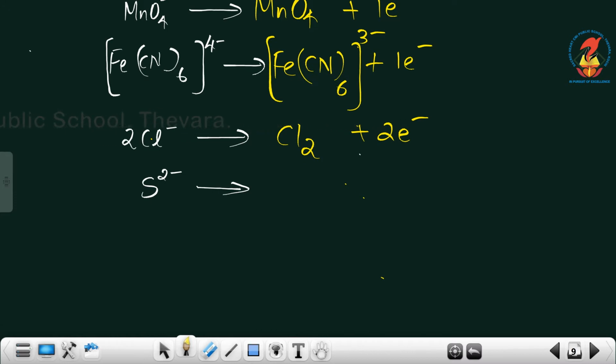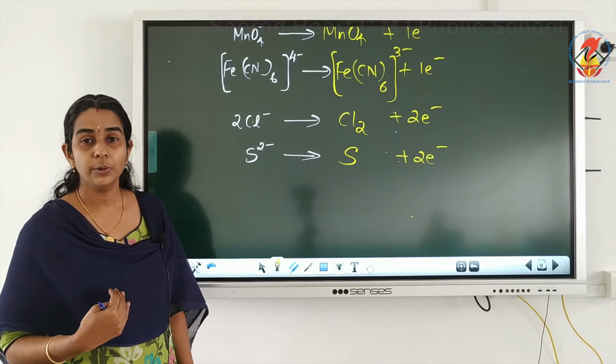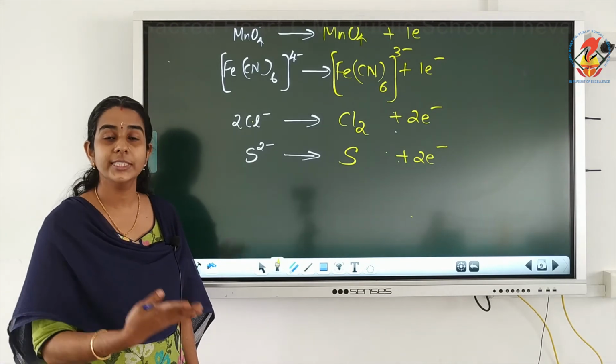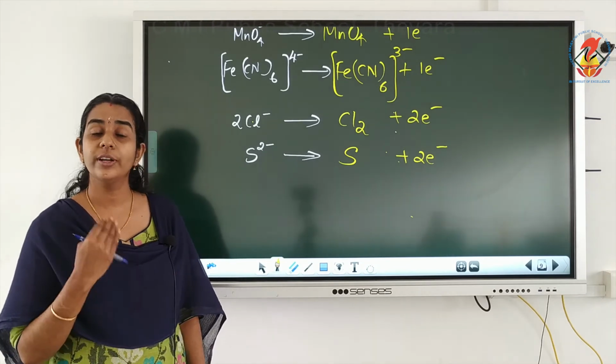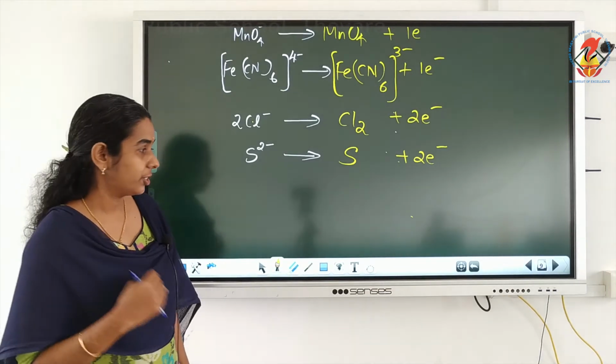Chlorine is a diatomic molecule. In the next example, S2- means sulfur with 2 extra negative charges. On losing those 2 extra negative charges, it will become sulfur. So, all these are examples of oxidation by losing electron, representing an increase in positive charge or a decrease in negative charge.